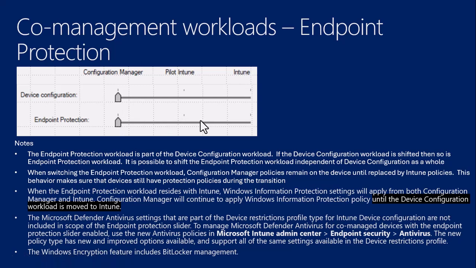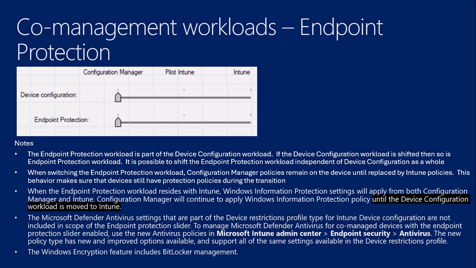So when you move endpoint protection, that's going to allow Intune to take the lead for things like antivirus and firewall and device control and application guard and all of these things that are part of the Defender suite, right?